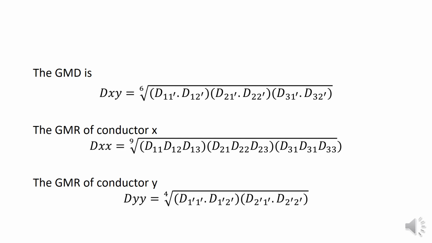Then D2 dash 1 dash, distance between 2 dash and 1 dash, which is equal to D1 dash 2 dash. Then D2 dash 2 dash, again the same thing, right? So here we will have four things. Therefore we have to take the 1/4 index of these things, right? Here we will have only two conductors, therefore we will have only 4 terms, right?